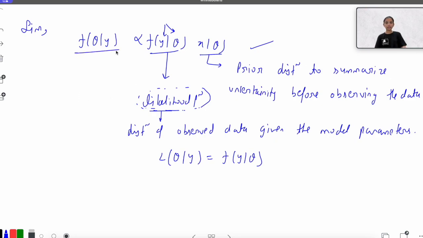Then you will be having the posterior, which summarizes the uncertainty about parameters given the data and prior.